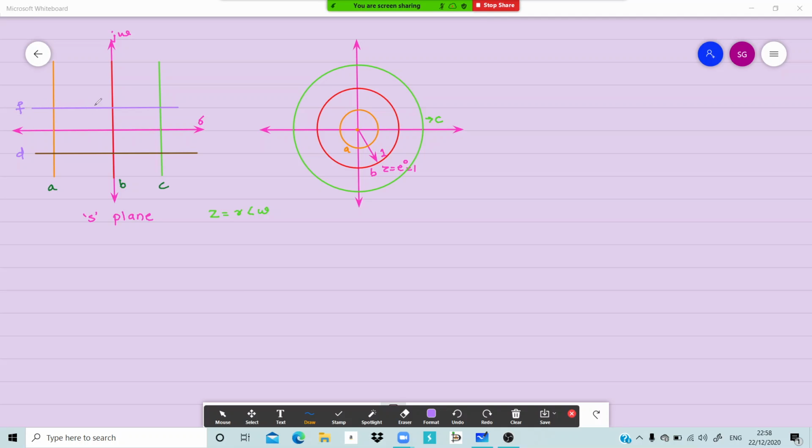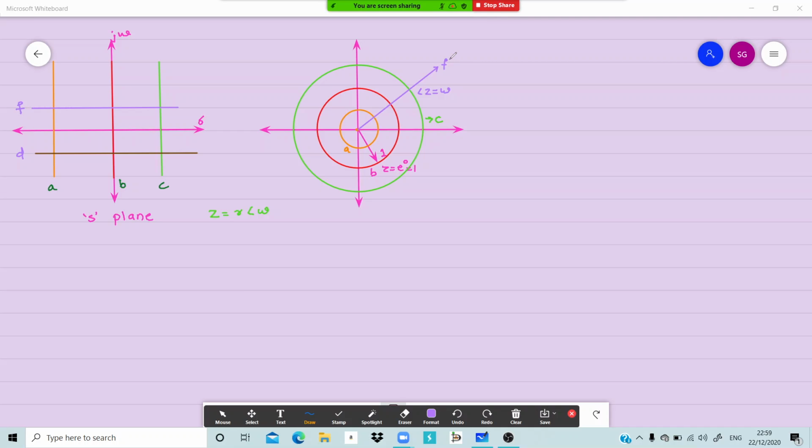The angle is remaining the same, but the radius is continuously changing. From this to this to this, the radius is increasing, correct? That means the angle should be constant. Meaning of that is, yes, it should be a line from the origin with increase in the radius, but the angle should be the same. So for all these points, the angle is going to be the same, and this angle of Z is going to be omega, and this is representing F.